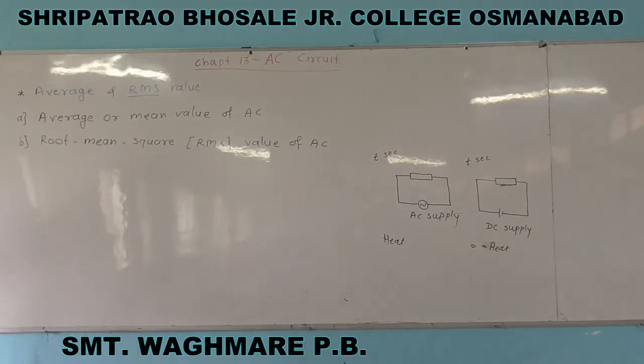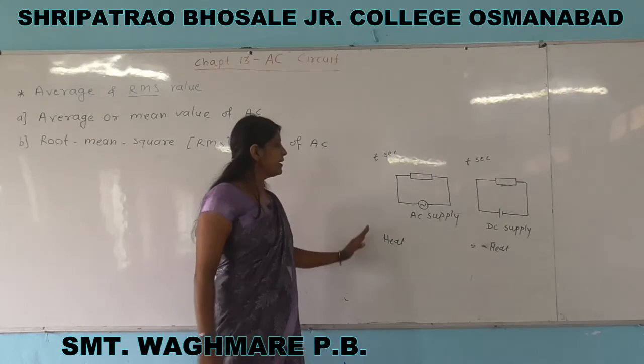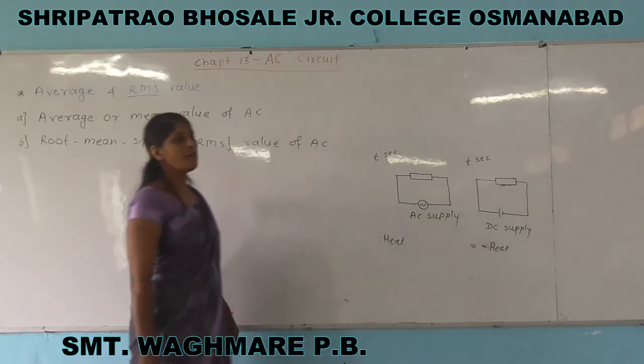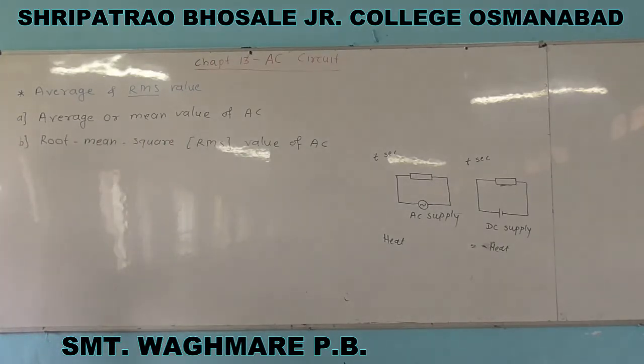That is, when the same quantity of heat is produced in the same resistance in the same time by passing a steady current of constant magnitude through a device, which is equal to the heat produced by supplying the AC current for the same time, then the value of EMF is called the RMS value.